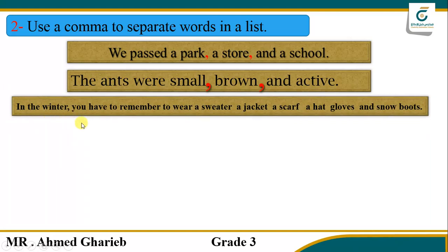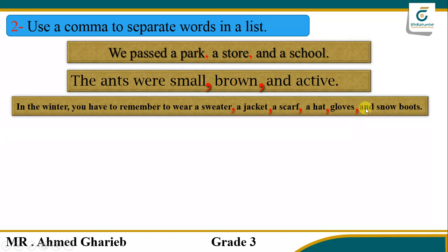In the winter, you have to remember to wear a sweater, a jacket, a scarf, a hat, gloves, and snow boots. So, more than three words. It's okay. Add a comma after each one. But remember to put and before the last item, the last name, the last noun, the last adjective.